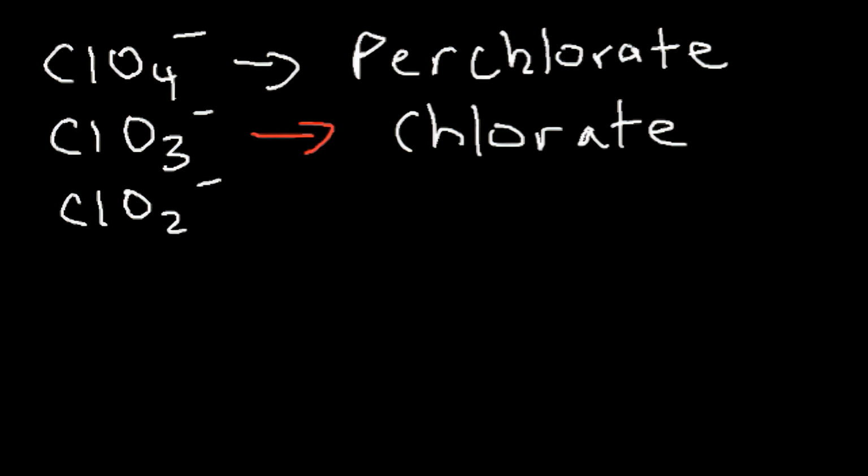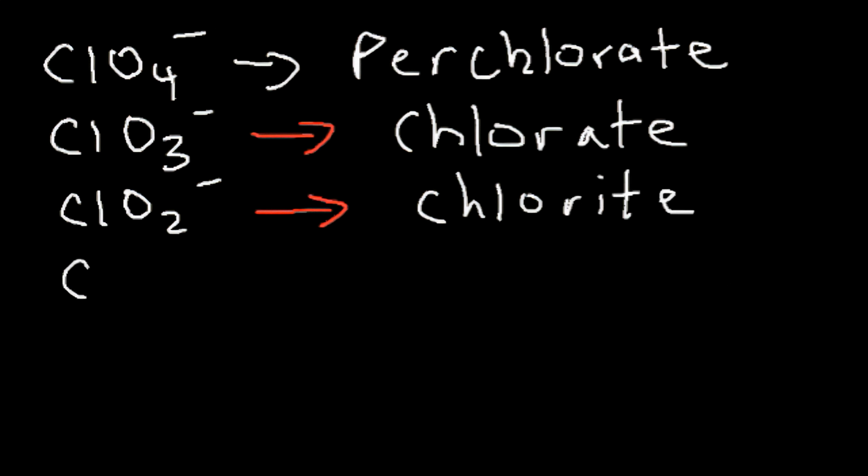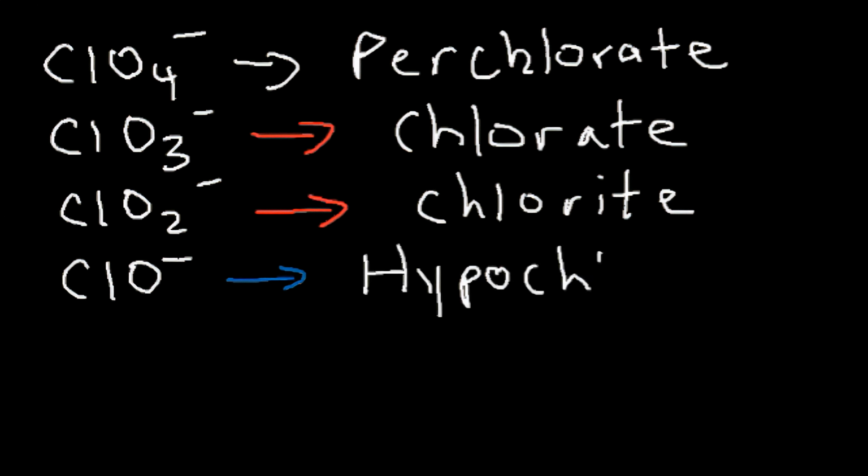ClO2 minus is called chlorite. Ate usually has 1 more oxygen than ite. And ClO minus is known as hypochlorite. Hypo means below or less. So hypochlorite has 1 less oxygen than chlorite.